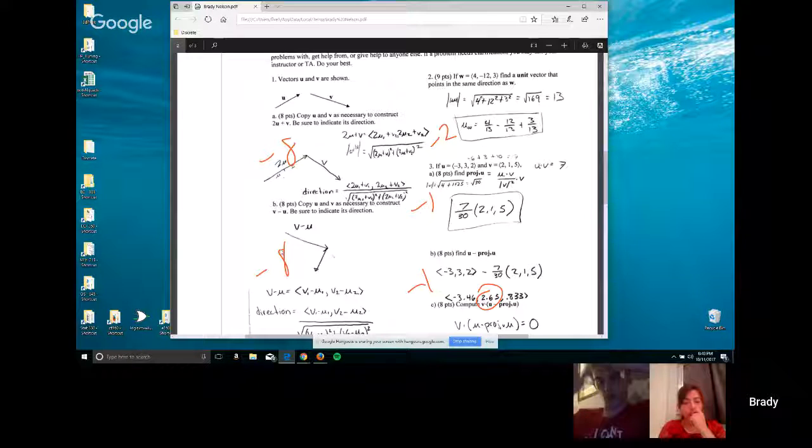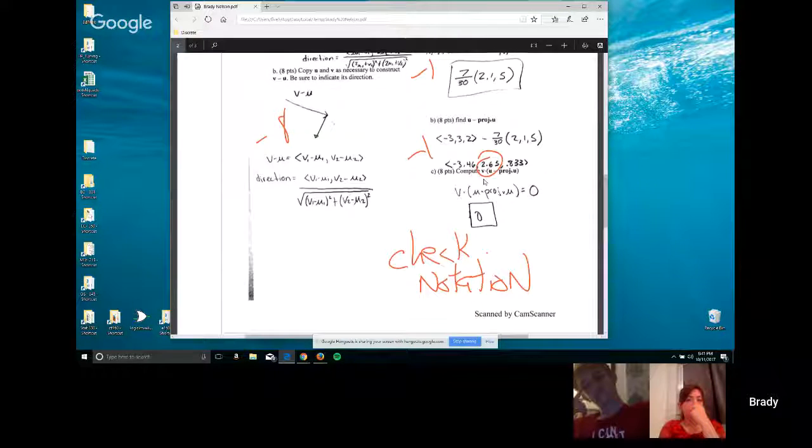You have one going from the top to the bottom because it's V minus U. And the direction should basically connect those arrows. You connect them by putting the tail of V minus U on what you're subtracting and the head of it on what you're subtracting from. So I drew part A right, and then without the direction. Yeah.